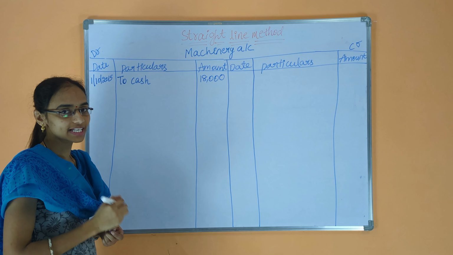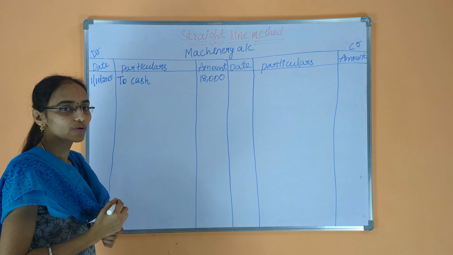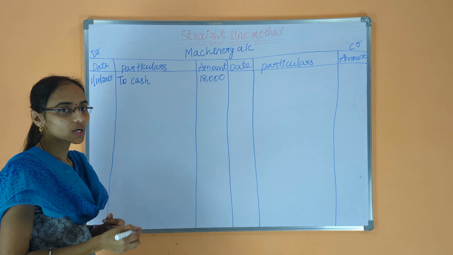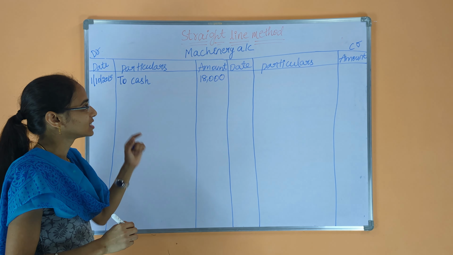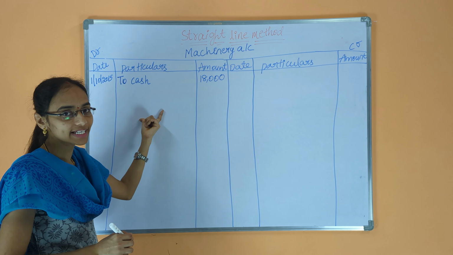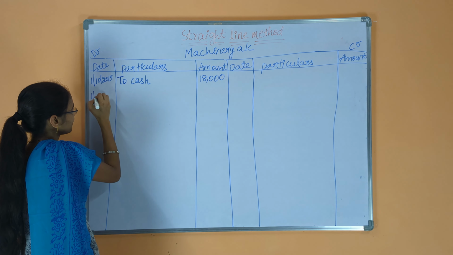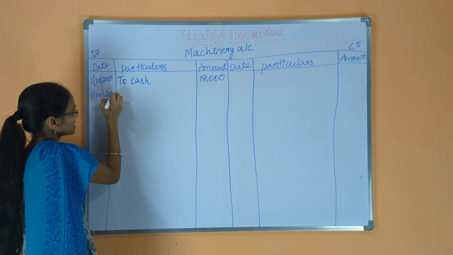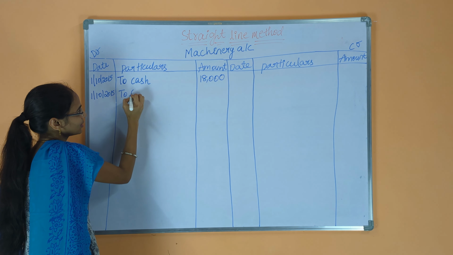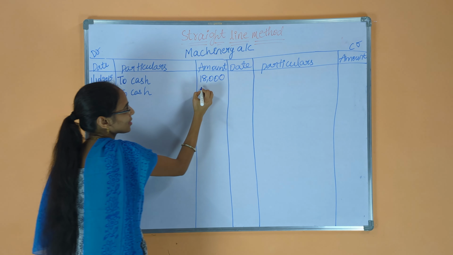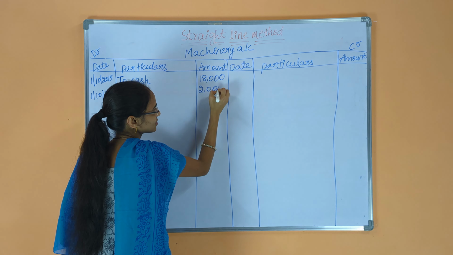Next, some installation charges paid. For that, what is the entry? Machinery account debit to cash account. On which side is the machinery account? Debit side. On the debit side, same date 2015, to cash. Amount is rupees 2,000.